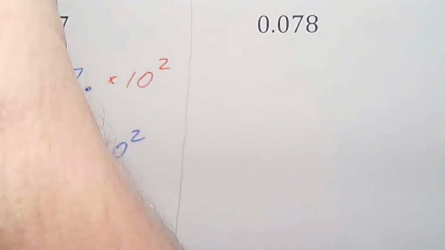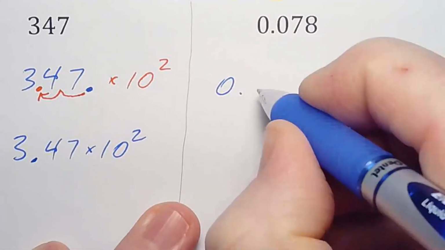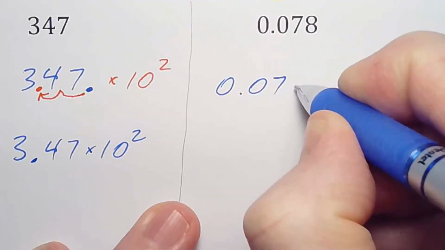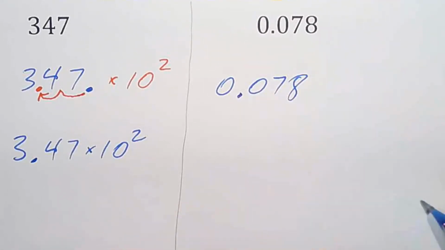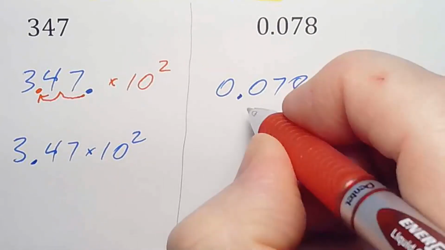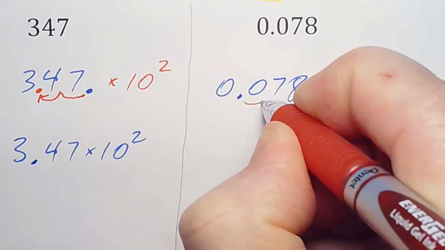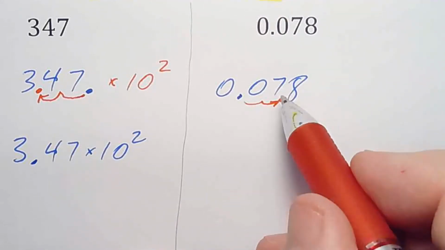So I'm going to rewrite that again as 0.078. Okay? All right, my decimal point's there. Now, okay, great. Well, I really want to bring my decimal point the other direction this time, to the right. Right? So now it's going to look like this. I want it to be 7.8.